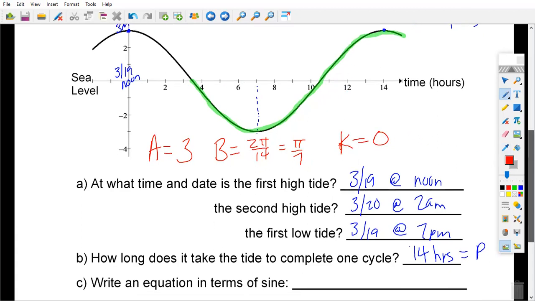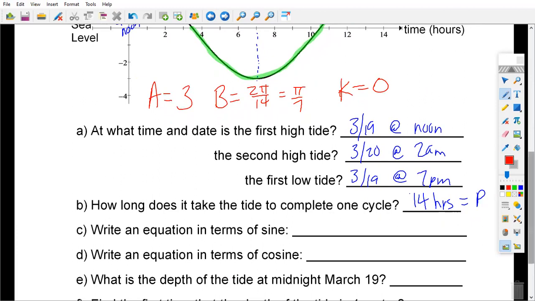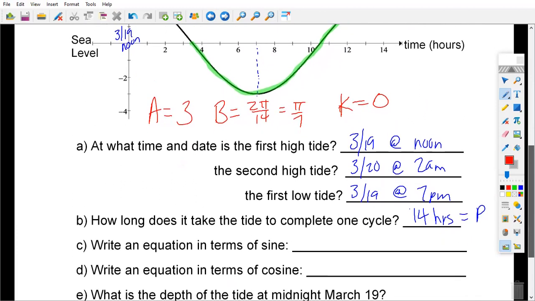So now we can write our two functions. What is our sine function? Negative 3 sine of pi over 7. Why is it negative? It goes down. And then what's the phase shift? What's the H? How far am I from the y-axis?